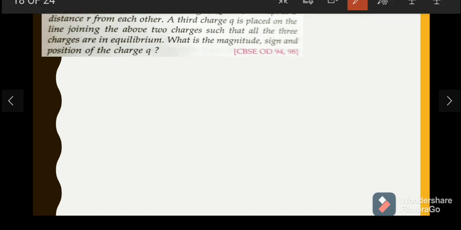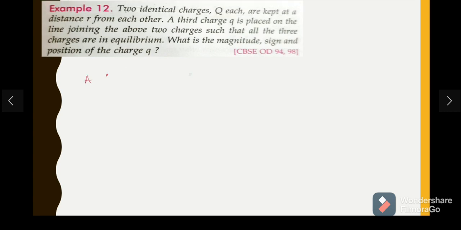Fine. So what is our force of repulsion between A and C? This is my A, this is my C, this is B, this is x, this is R minus x, Q here and small q at this point. So what is the force of repulsion between charges A and C?